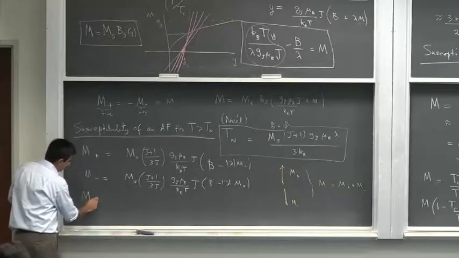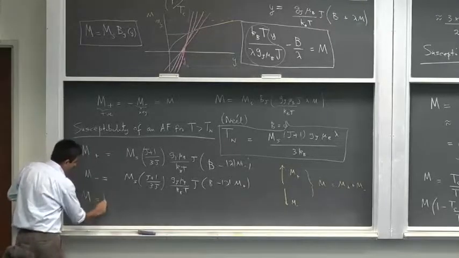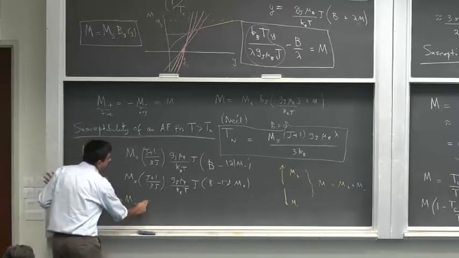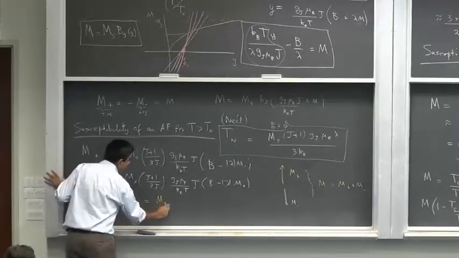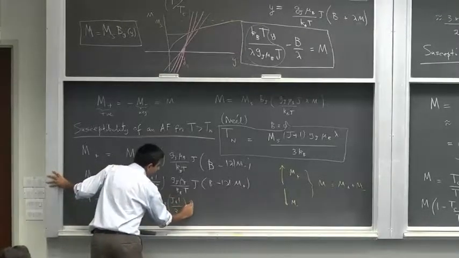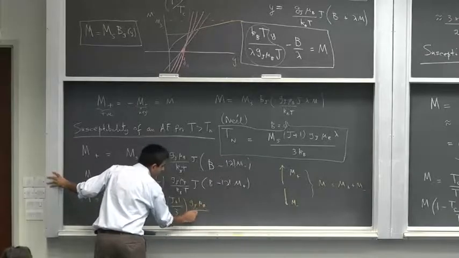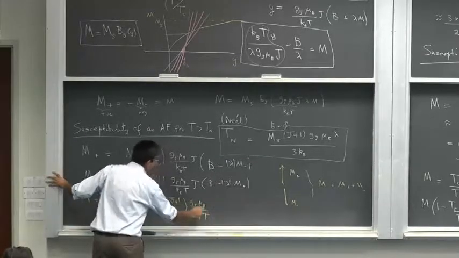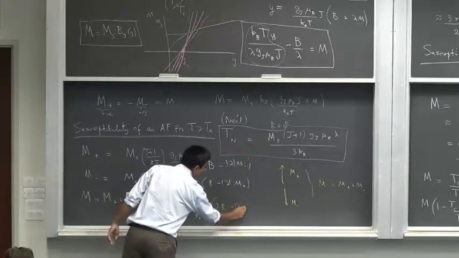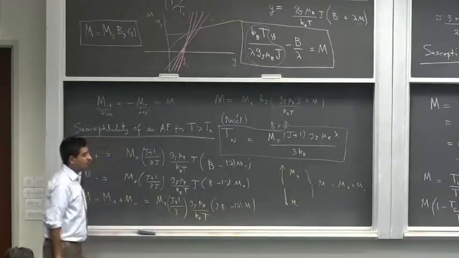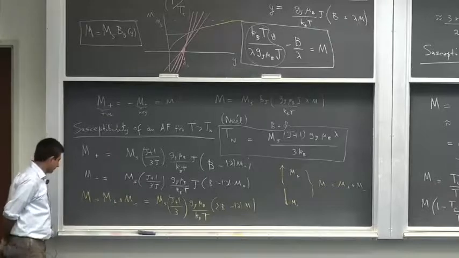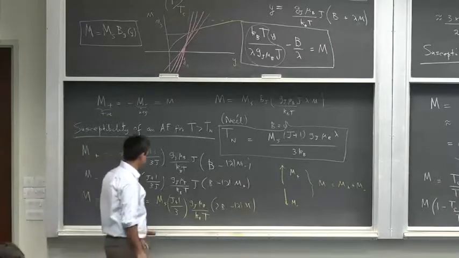M equals M plus M minus. When I add these terms, I get Ms times J plus 1 over 3 times gJ mu B over kBT times B minus lambda M. Now I will use my expression for the Neel temperature.